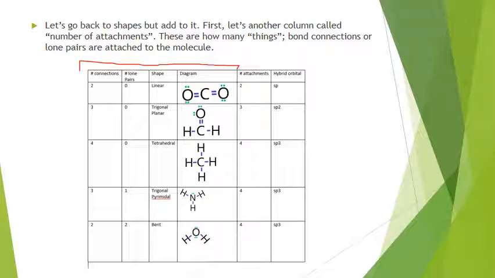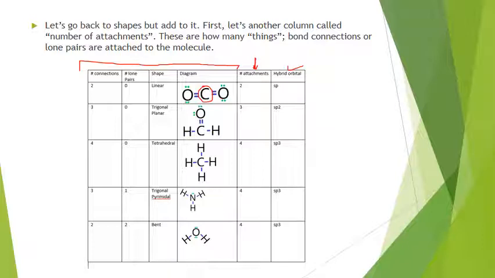Here's the table I had before. And here's number of attachments, and number of attachments are what's attached to the center atom. Okay, and that includes lone pairs. We'll get into this a little later, so you don't have to worry about this right now. Just focus on this and this over here.